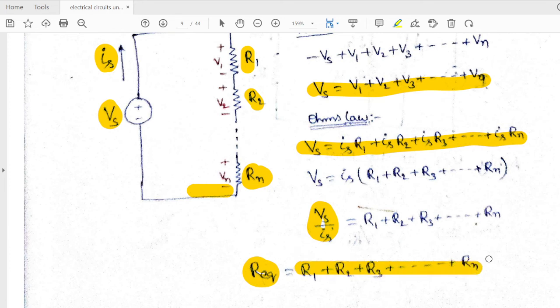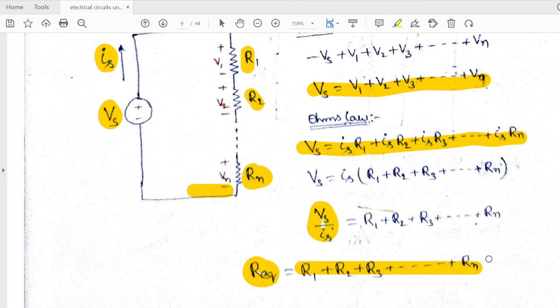Means if I have n resistors connected in series, and I want to replace all these n resistors with a single equivalent resistance, then I can replace them with a resistor having resistance equal to R1 plus R2 plus R3 plus so on Rn.